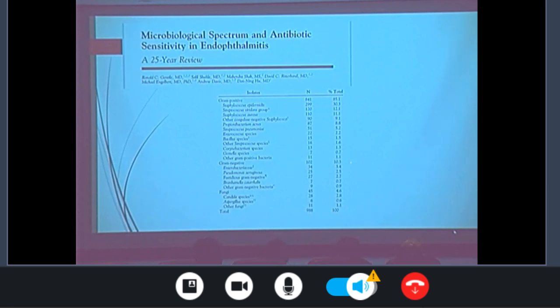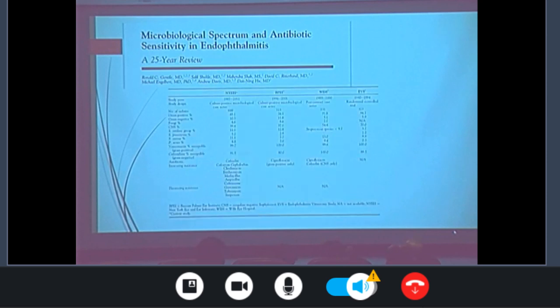The other 10% is gram-negative organisms, and about 4.5% correspond to fungi, where Candida was the most frequent organism grown. And we can see that the isolates in this 25-year series were predominantly gram-positive, with the majority being coagulase-negative staph, followed by Streptococcus viridans and Staph aureus.